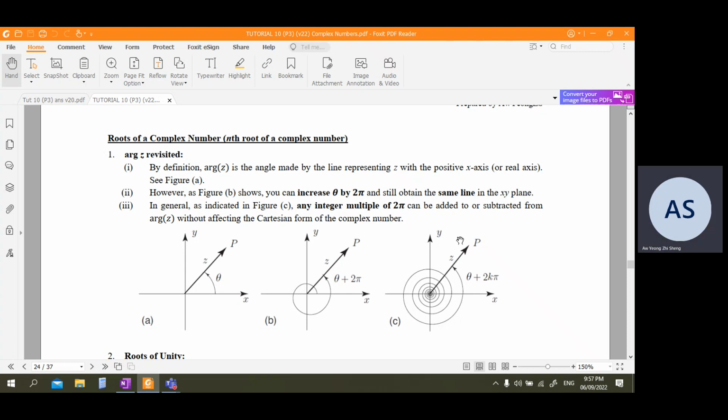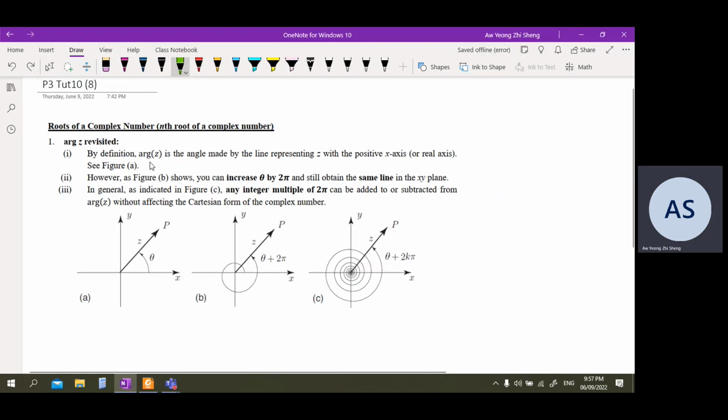Okay, first let's revisit the concept of argument z. By definition, argument z is the angle measured from the positive x direction. In diagram A, we can see that if we start measuring the angle from the positive x direction along the green dotted line, and measure towards the vector representation of the complex number z, then theta would be the argument of the complex number z.